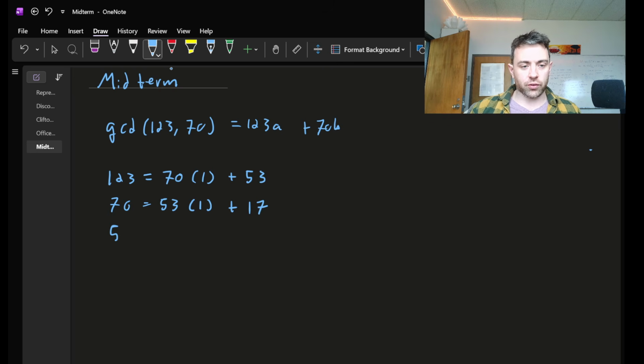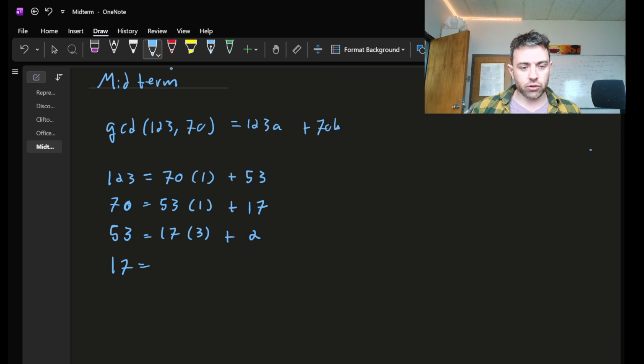So we move over 53, and we move over the 17. And how many times does 17 go into 53? 3 times. 3 times 17 is 51. So we have 2 left over.